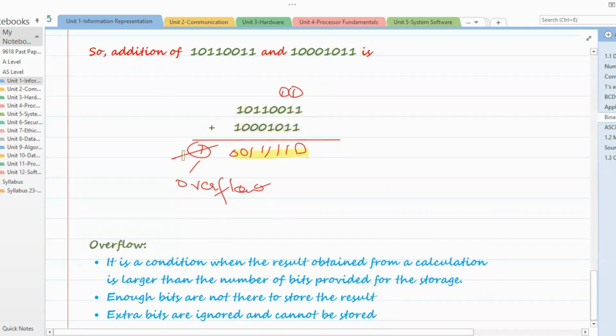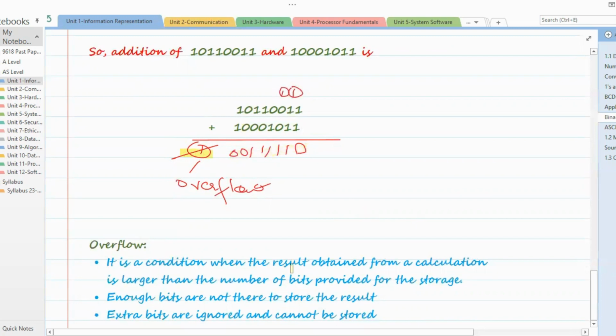However, your answer is coming in 9 bits. So the most significant bit is known as the overflow bit, and you have to ignore it because you don't have enough storage to store that. You have only 8 bits. However, your answer is coming in 9 bits. So the 9th bit is to be discarded, right?